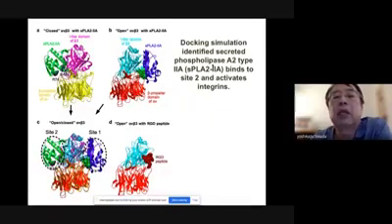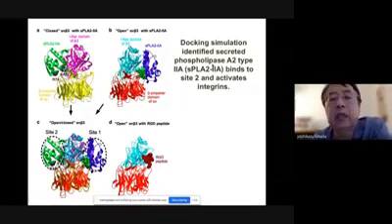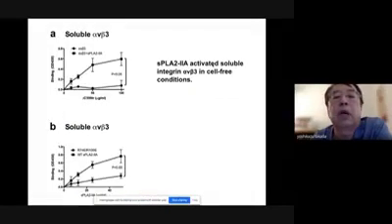So it's a very well-known pro-inflammatory protein. And then we found this also activates integrin, allosterically activates integrin. Okay. So same thing, same as fractalkine, it activates in a cell-free condition. That is important. It doesn't require inside-out signaling.